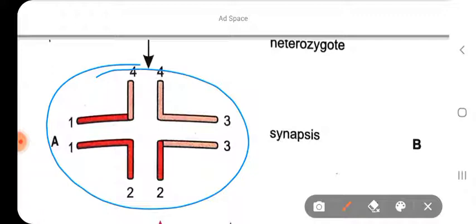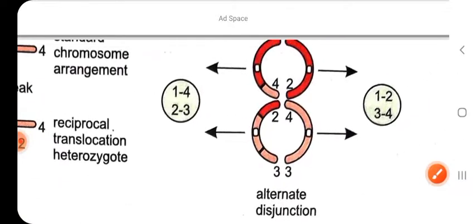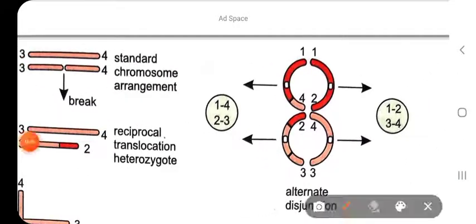And when this cross structure opens during the metaphase stage, it has to open, because the main aim is the separation of the chromosomes to distribute them equally among the daughter cells. So when this cross-shaped structure opens, it forms a peculiar ring-like structure or a figure-of-8-like structure. The figure-8-like structure is called alternate disjunction.